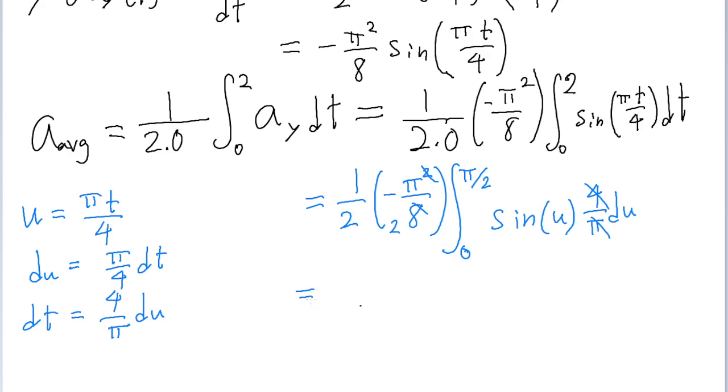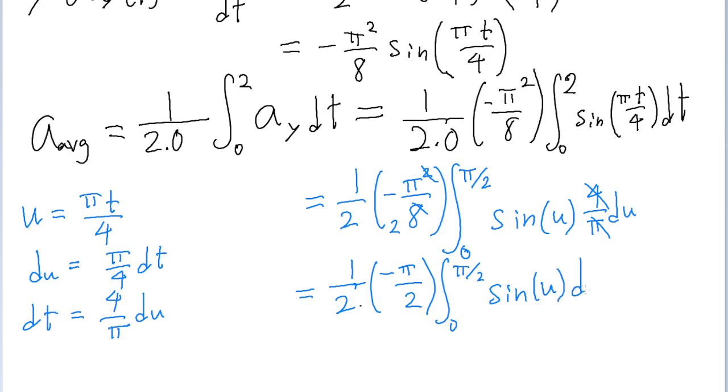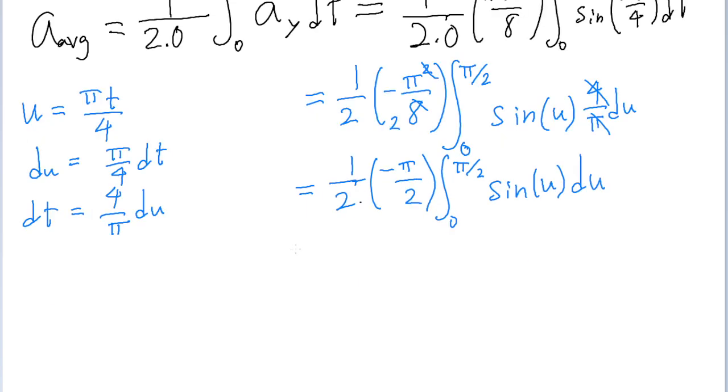So our new simplified integral is 1 over 2 multiplied by negative pi over 2 multiplied by the integral from 0 to pi over 2 of the sine of u with respect to u. I'm going to condense the stuff at the beginning, multiply the 2's together, so that instead it reads as negative pi over 4.